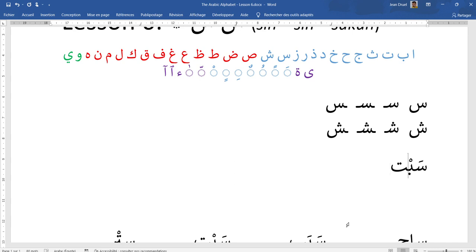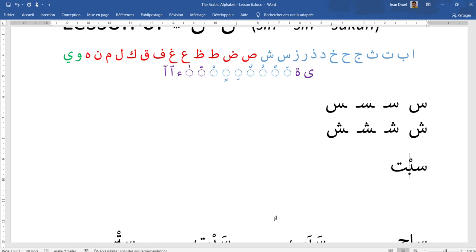The other thing with sukūn is that you can't begin a word with a sukūn. This is not a possible word in Arabic. You never have an initial sukūn. It doesn't exist. So here you have sukūn in the middle. It could be here in the end, but it's very rare. Even if we pronounce it, we don't write it.